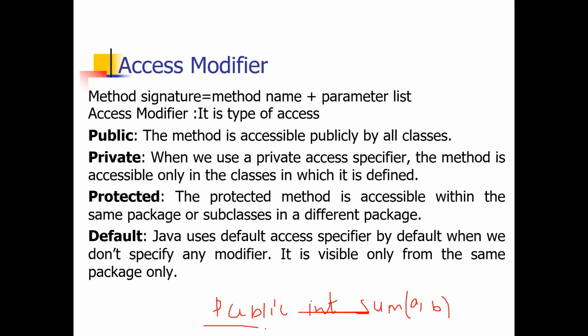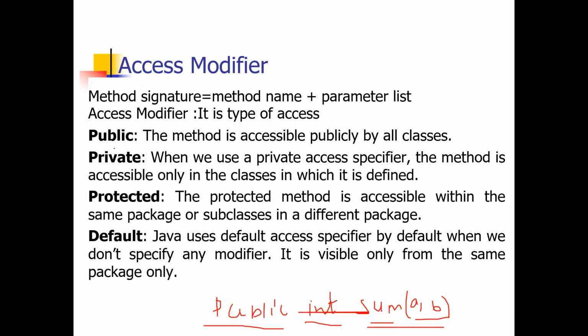So what is this? This public is the access modifier. This int is the data type. Sum is the method name. A and B are the method parameters. Sum(A, B) is called the method signature, and this whole is called the method header.